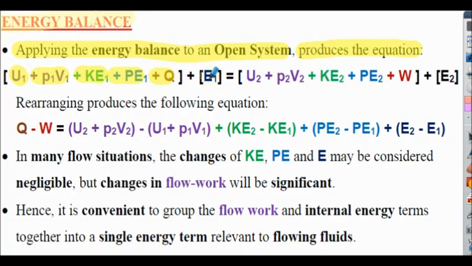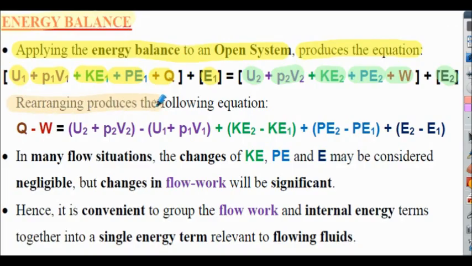We also add the term E1, which is the original energy in the system before commencement of the process. On the right hand side, U2 is the energy in the fluid output, flow work output, kinetic energy output, potential energy output, and work done by the system. We then have E2, which is the final energy in the system when the process is complete.